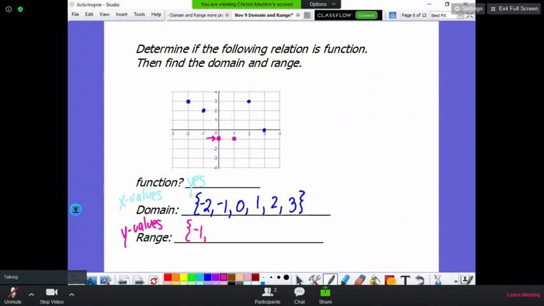As I move up, the next one is in line with 0 on the y-axis. Moving up, this one's in line with 2 on the y-axis. And these last 2 are in line with 3 on the y-axis. Now you'll notice that the list in my domain is longer than the list in my range. They do not have to be equal. You just want to list them least to greatest.